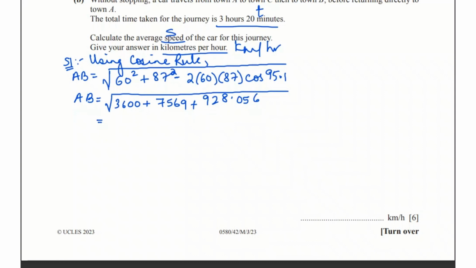So it is 3600 plus 7569 plus 928.056, which comes up to 12097.056.